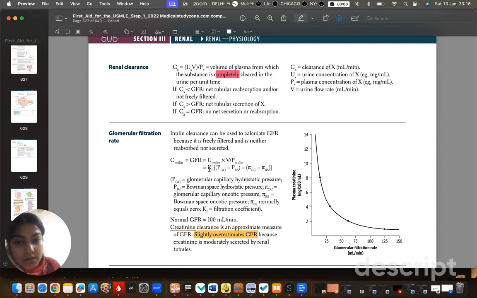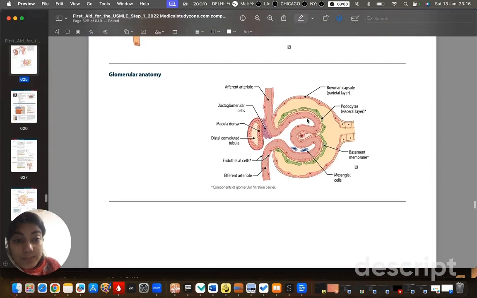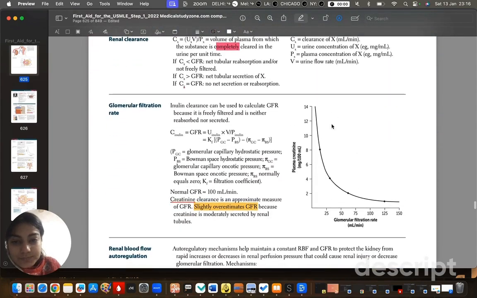Oh, look at this next. This doesn't make sense though. The filtration coefficient times, pay close attention to this, the glomerular capillary hydrostatic pressure. Okay, so this is the water pressure pushing to get out of here, minus the Bowman space hydrostatic pressure.